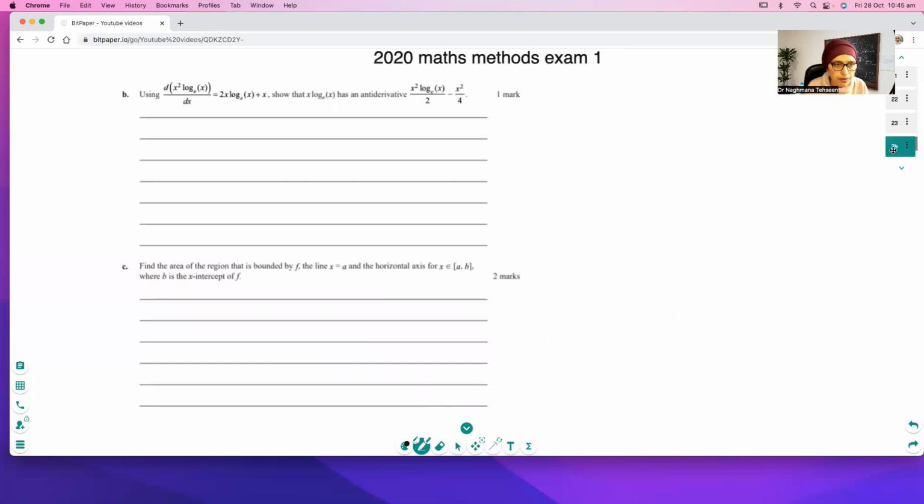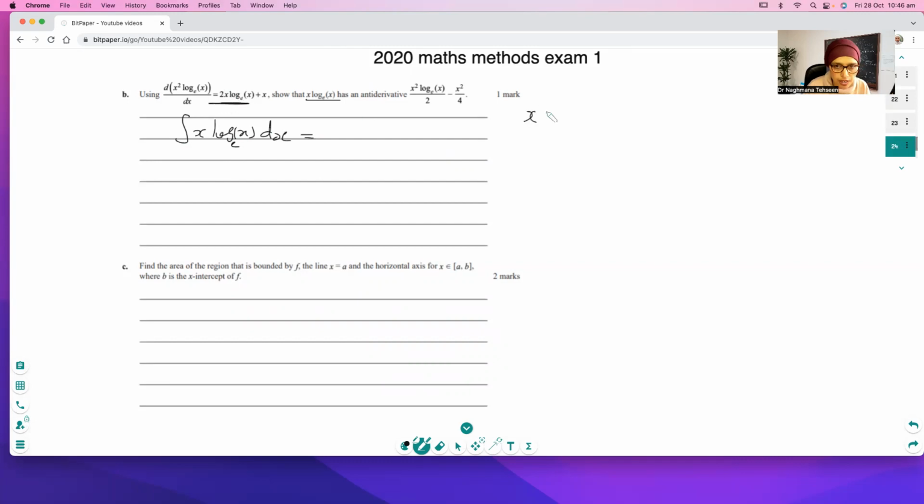Okay, so now the B part says we want the derivative using this; the derivative is equal to that. Show that x log e x has an antiderivative of this. So what we need to show is that x log e x has this antiderivative. So that means we go x log e x dx. That's what we want to find. Can we rewrite it by using this given expression?